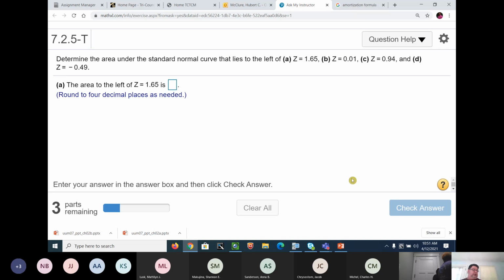Z is equal to 1.65, Z is equal to 0.01, Z is equal to 0.94, and Z is equal to negative 0.49.